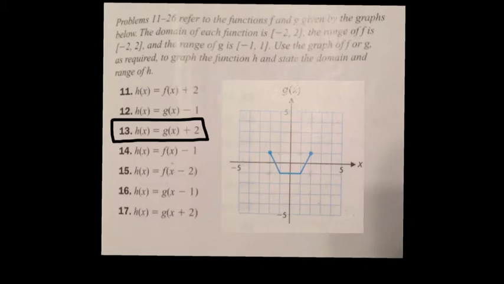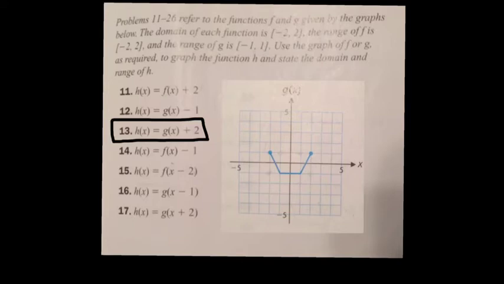Next, I'm asked to look at this function g, and again, my shift is 2 units onto the end of the equation. The function itself has not been touched, so everything gets shifted up 2 units. I'll look at these individual points, some of these changing in direction points and the starting point and the ending point, and shift each of these 2 units up to give me a general idea of what the graph is going to look like.